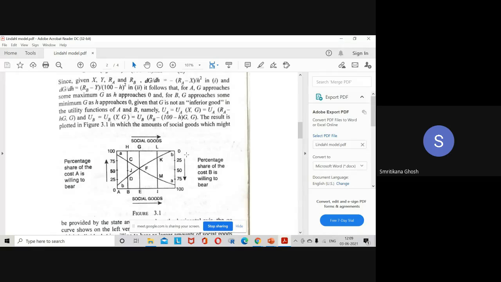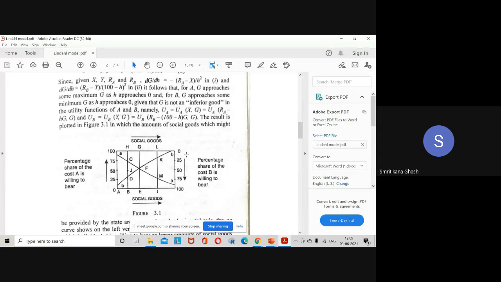So what is new about the Lindahl model? Before the Lindahl model, we discussed a single individual and one product, like one public good and one private good. But how much is to be paid for the availability of the public good was not discussed yet.